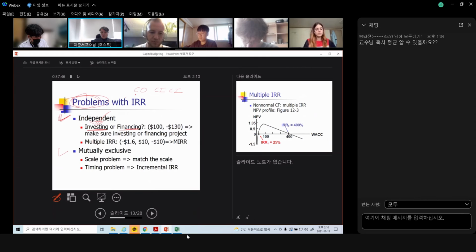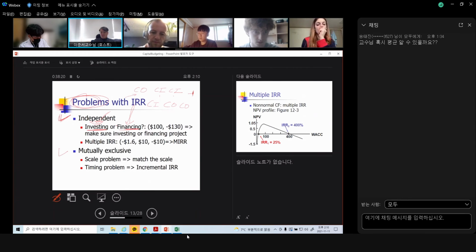First of all, we need to spend some money, and then we receive cash over the duration of the project. The cash flow stream of a financing project is the reverse of an investing project, which means cash inflow occurs first, and then cash outflow follows.